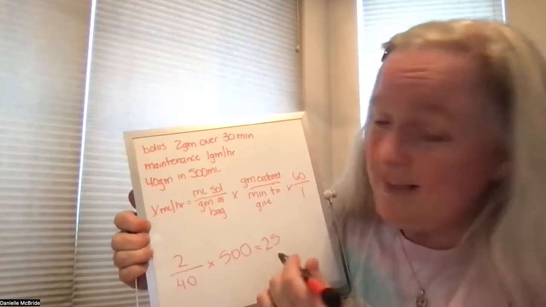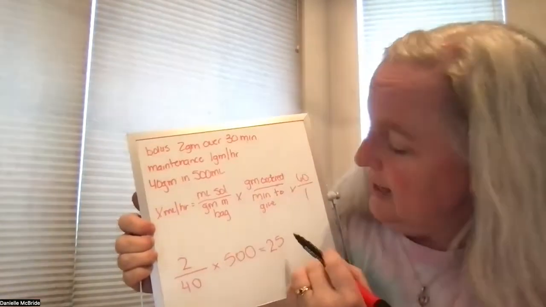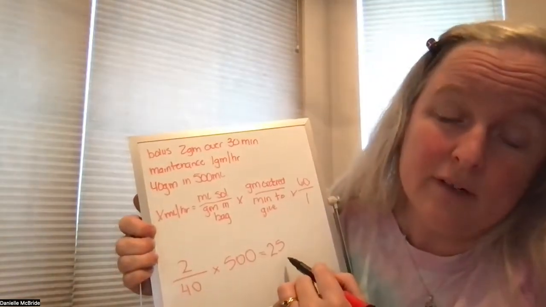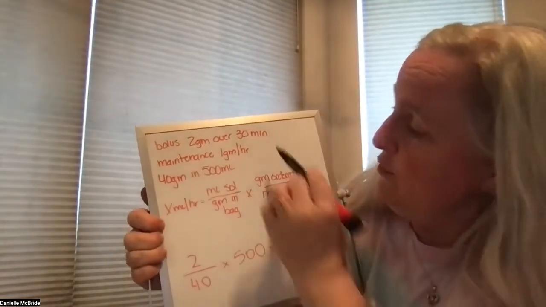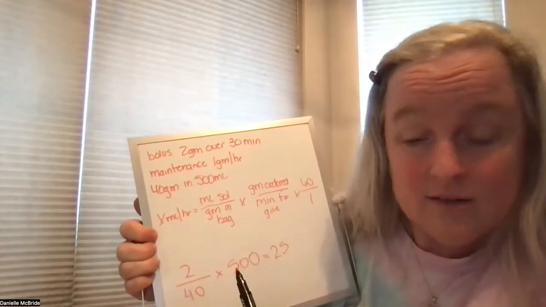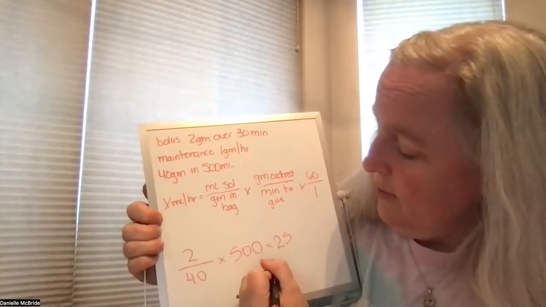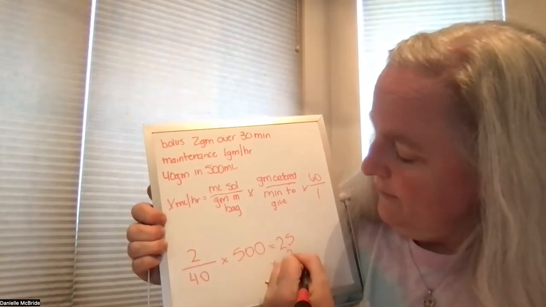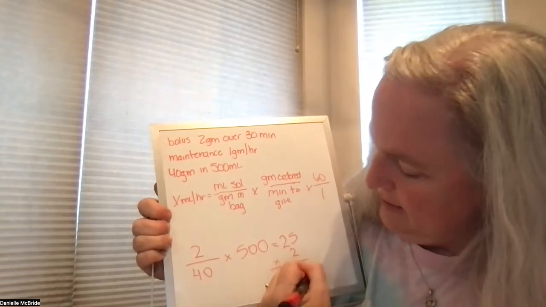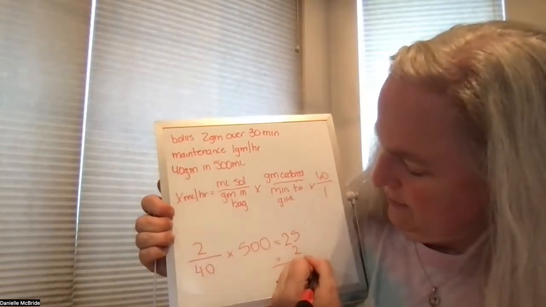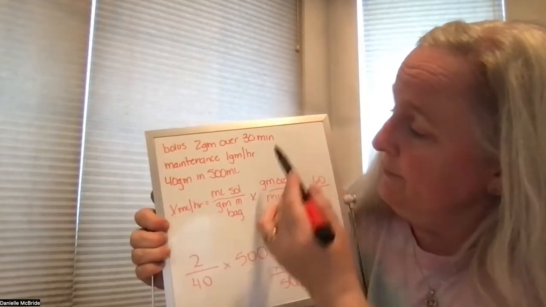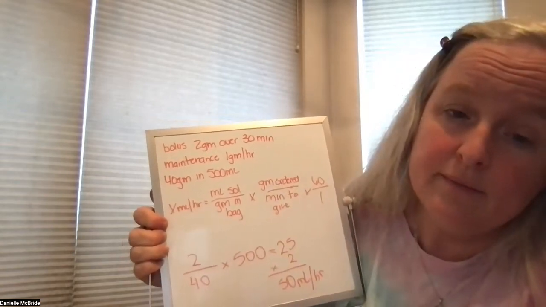So the reason we're not done yet is that this is the answer if I was infusing milliliters per hour. But I want to infuse over 30 minutes. So I need to run it twice as fast. So now I'm going to multiply this by 2, 50 mLs per hour over 30 minutes, which is going to get me 2 grams in 30 minutes.